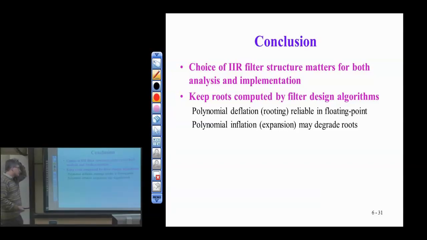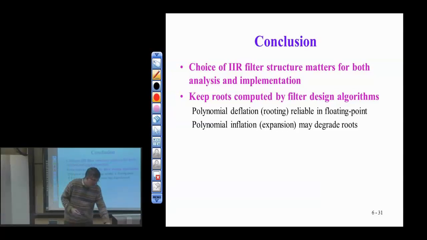The IIR filter design algorithms return a list of poles, a list of zeros, and a gain or list of gains, as it may be. So we want to keep the roots, that is to say the poles and the zeros, in their original form as much as possible. We don't want to lose precision. So we want to keep roots computed by the filter design algorithms as they are.